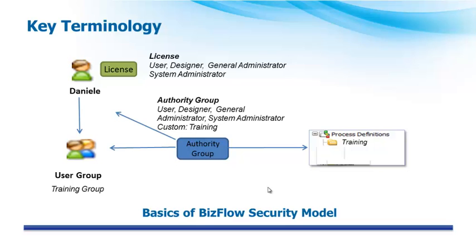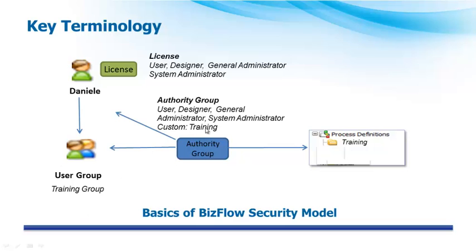But in addition to the default authorities in BizFlow, you can add your own custom authorities. In this case, I have also a custom authority called training, so I'm part of the training authority group. And that authority then is assigned to the training process folder in BizFlow, and it's also associated with the training user group.